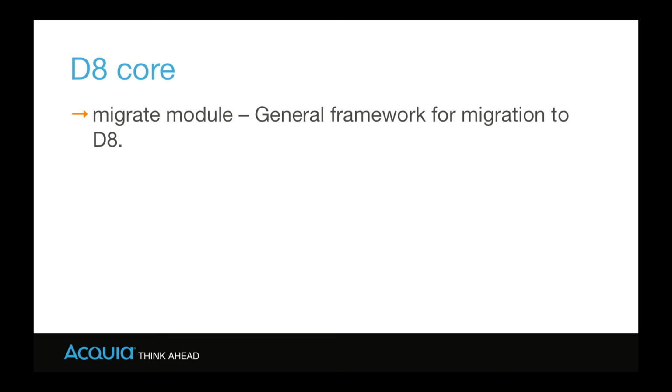Blocks are kind of funny. They're sort of half configuration, half content. But in Drupal 8, the Migrate framework supports importing configuration and content, which obviously is necessary to completely upgrade your old Drupal 6 and Drupal 7 sites.